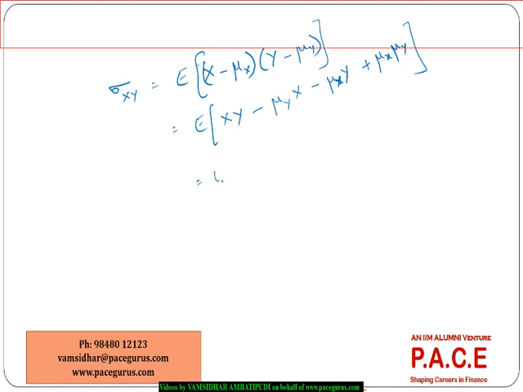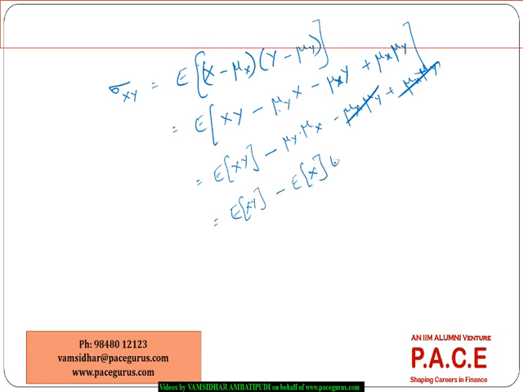Now I'll pull the additive part. Expected value of xy minus mu y times expected value of x, which is mu x, minus mu x times expected value of y, which is mu y, plus mu x mu y. So I can take it out and finally say expected value of xy minus expected value of x times expected value of y. So this is the definition of the covariance.